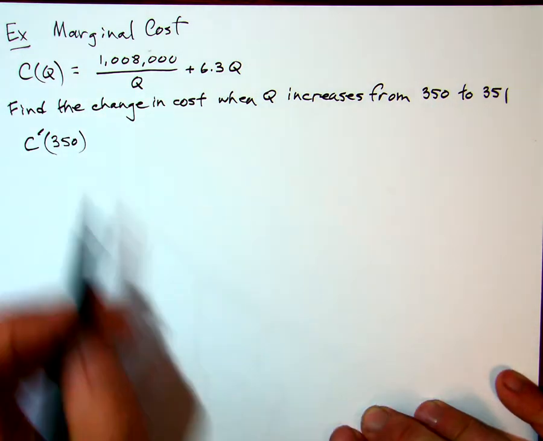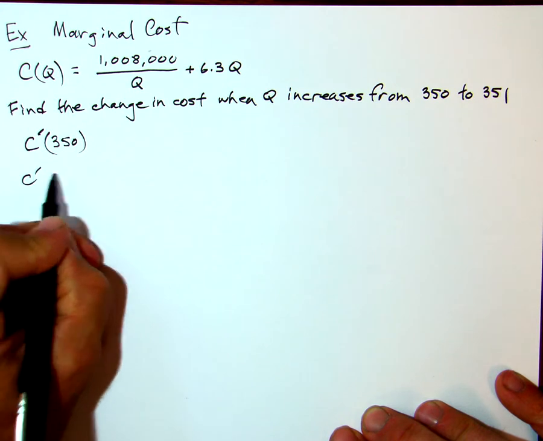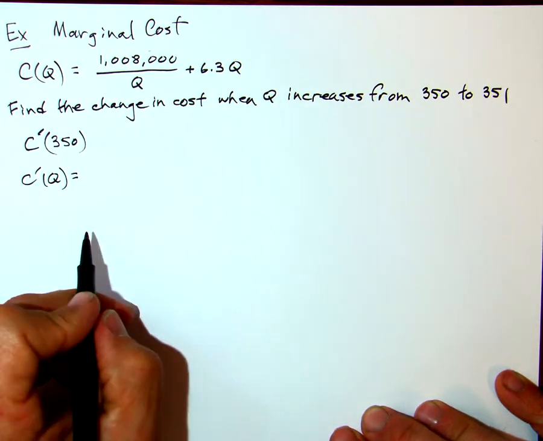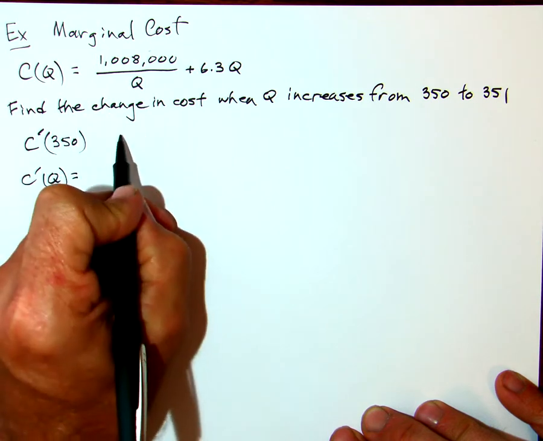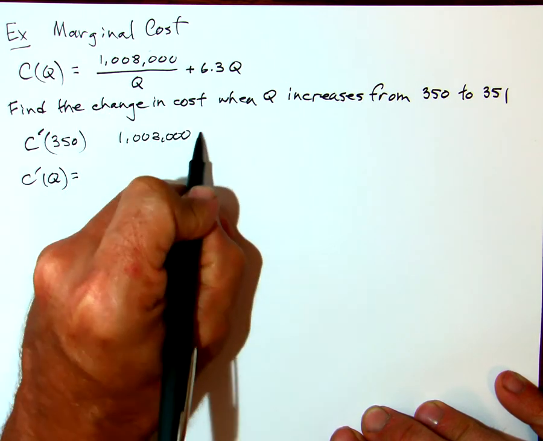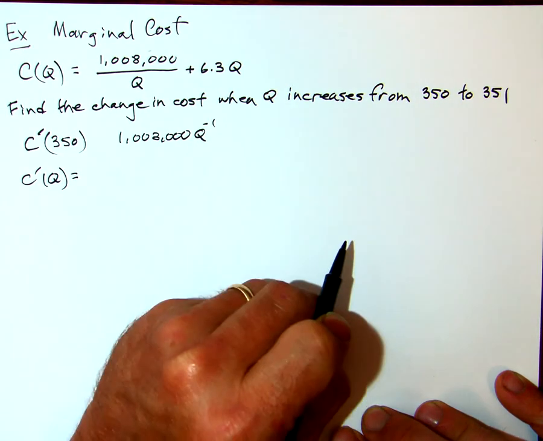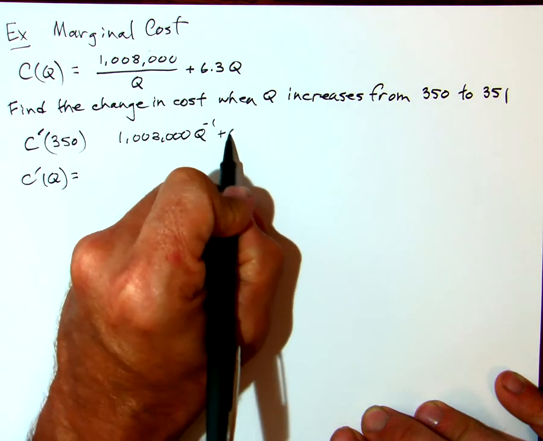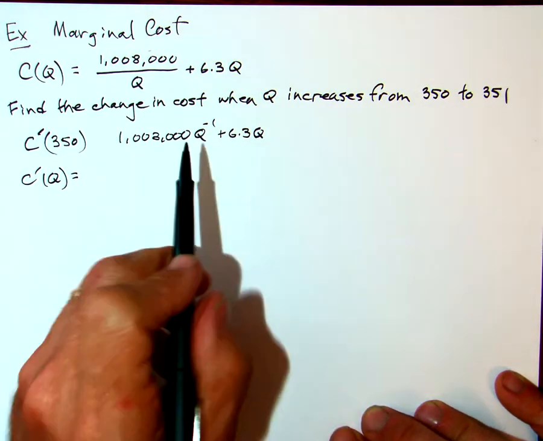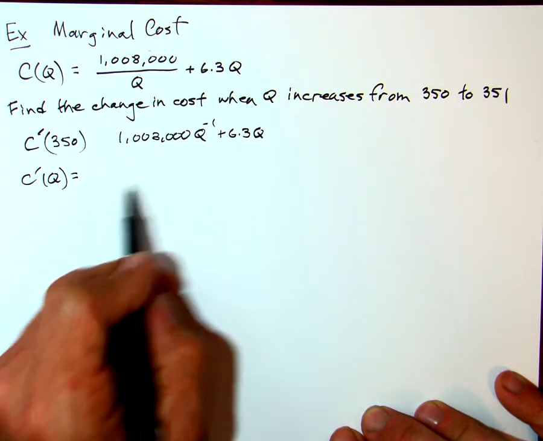First we're going to need to find C prime of Q. I want to rewrite this function first as 1,008,000 Q to the negative 1 plus 6.3 Q. This way I can use the power rule. To take the derivative, I multiply by the negative 1.